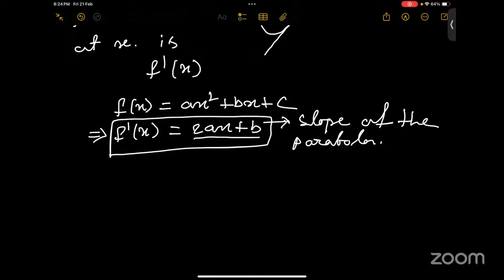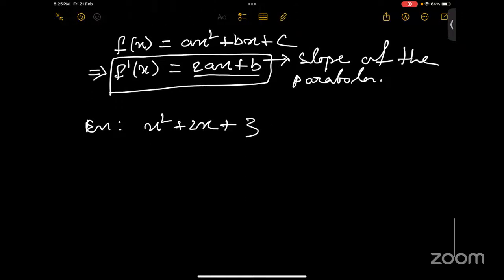Suppose for example we have the parabola x squared plus 2x plus 3. This is a parabola, right? For this parabola, we can calculate the equation of the slope.